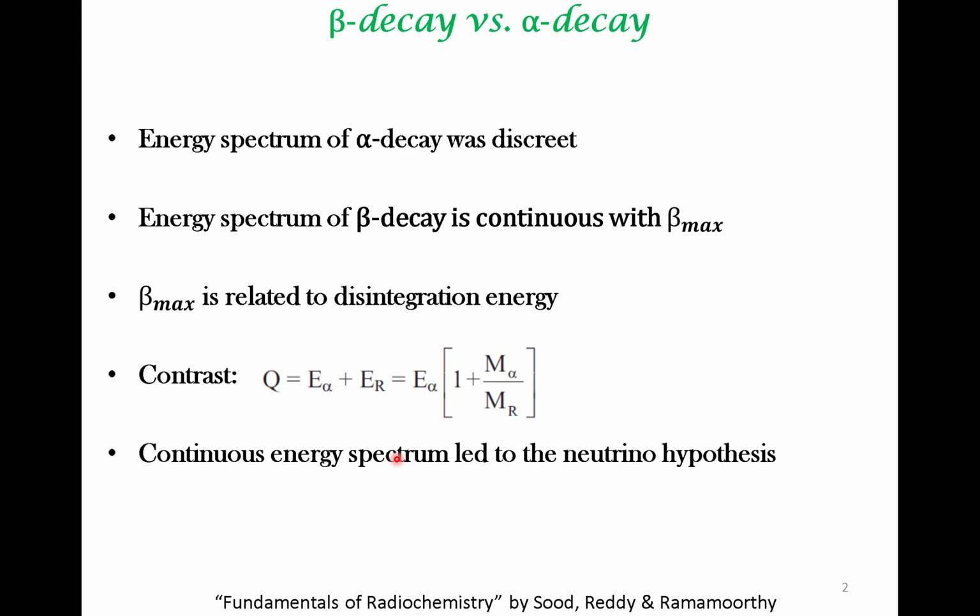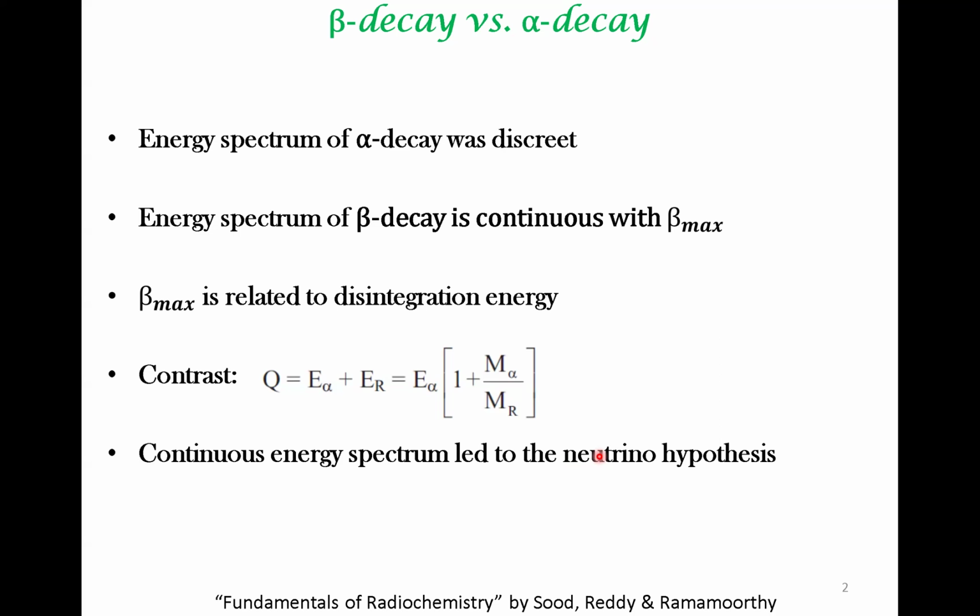There is a third product, which was first hypothesized by Pauli: another particle called the neutrino, which is neutral like a neutron. However, its mass is more or less zero. Therefore, it's a tiny neutron, which is why it's called neutrino. At that time its mass was assumed to be zero. We'll see why. But it was later found out that it had a very small mass.